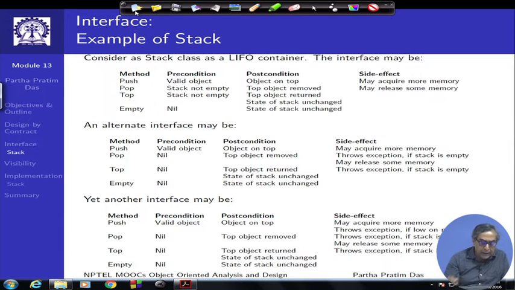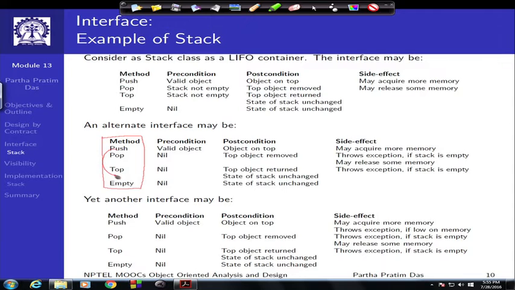Just to understand that, let us take for the stack itself an alternate interface. In this alternate interface, again the methods are the same, I am not changing any of the methods. But what I have changed is the contract. Now, I say that in the contract I do not expect that when a message is sent to pop, the client has guaranteed that the stack is not empty.